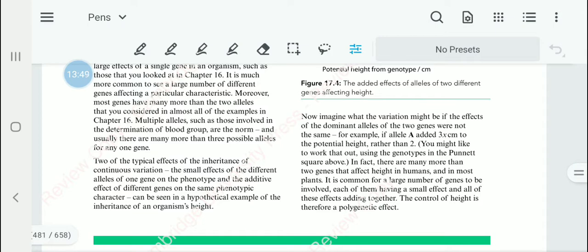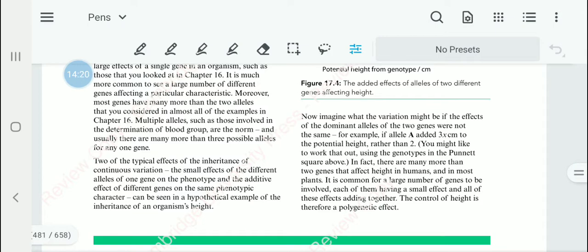Actually, in reality, there are more than 2 genes that affect height in humans and also in plants. Because there are many genes and alleles that are responsible for creating this effect, some additive, some small and direct.